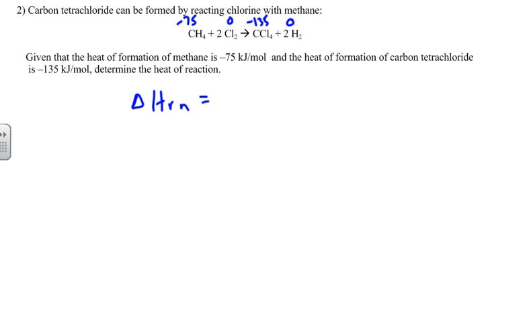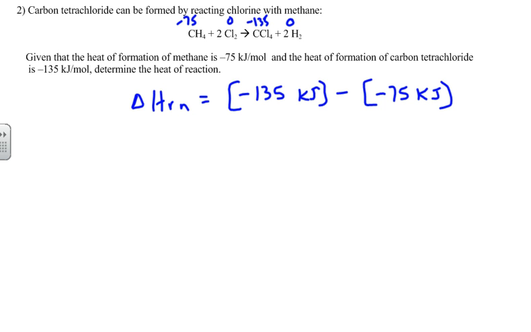The heat of the reaction is going to be the sum of all the enthalpies of the products. Well, there's only the one at negative 135 kilojoules. And we are going to subtract out the sum of all the enthalpies of the reactants, which is pretty straightforward. There's just the methane at negative 75 kilojoules.